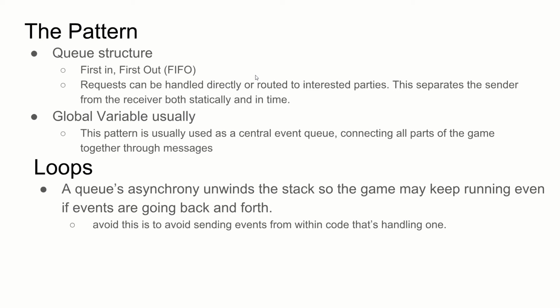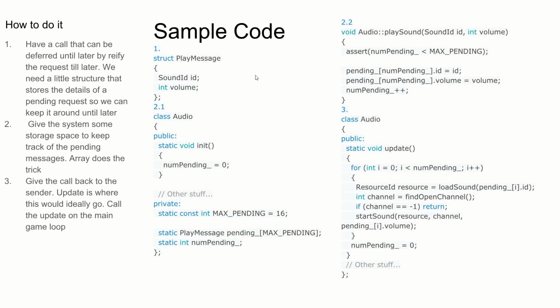We don't want to get stuck on the same loop when there's other stuff going on in the code. To avoid this, we should avoid sending events that already have code that's handling something. That's all about it.